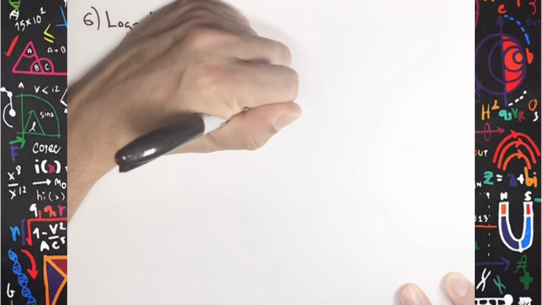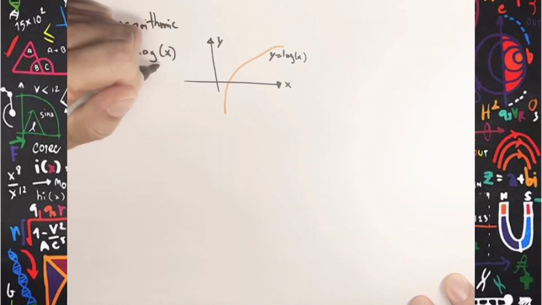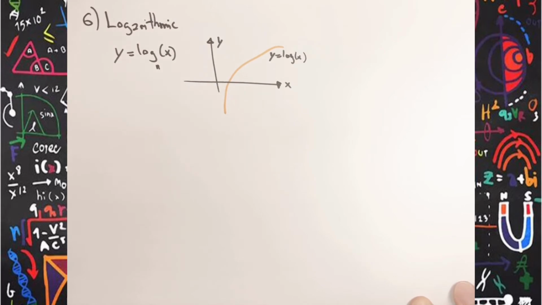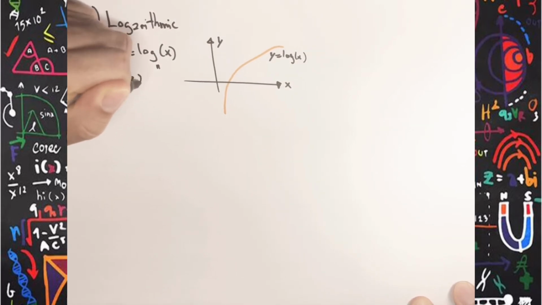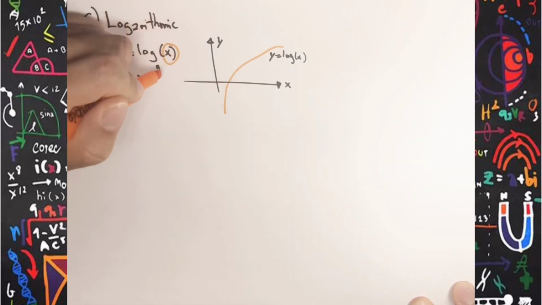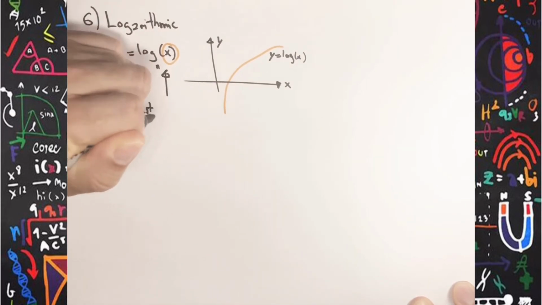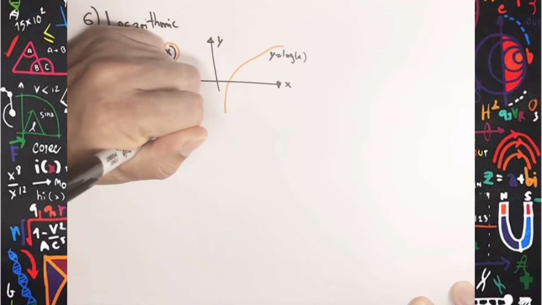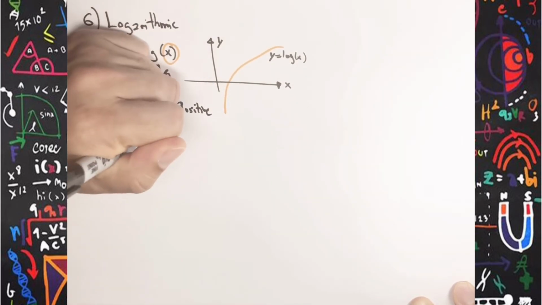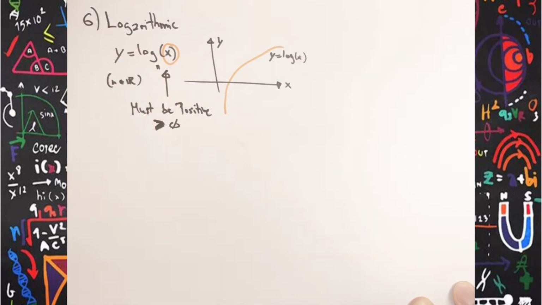Here we go, xy axis, it cuts the x-axis in 1, coordinates (1, 0), has a base n that is a natural number, and the restriction here comes from the argument. Whatever is inside, the x, has to be greater than 0. It has to be positive. It can't be 0. It can't be a negative number. It has to be positive. It doesn't cut the y-axis at any time.